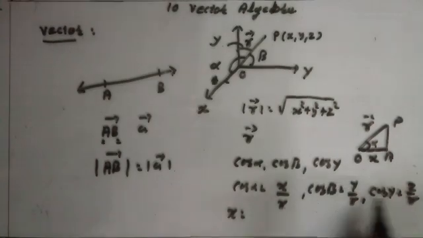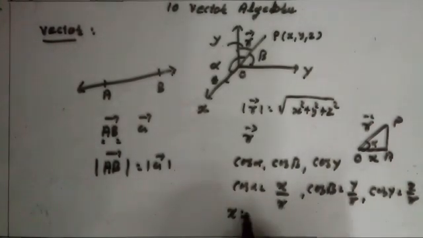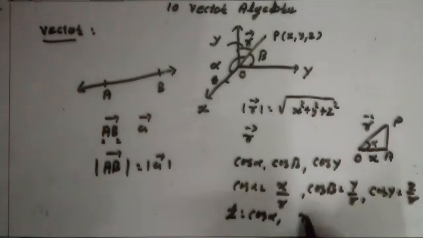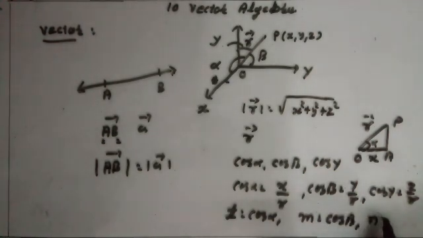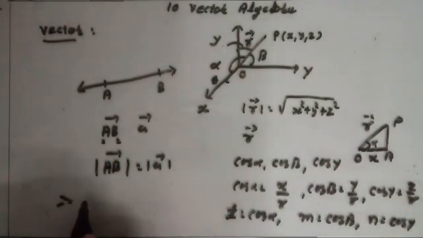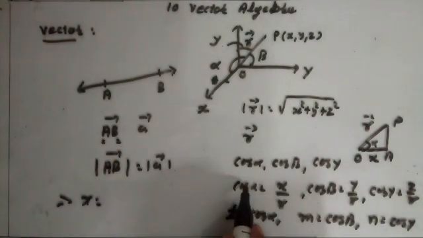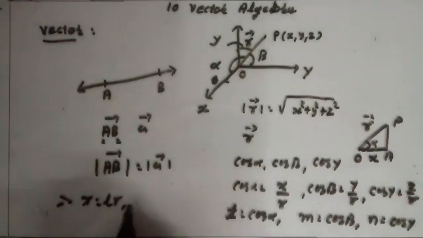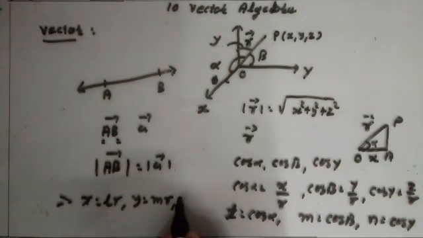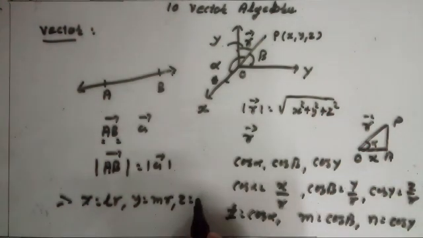Cos alpha, cos beta, cos gamma, the direction cosines, are denoted by L, M and N. So from this we get x is equal to LR, y is equal to MR, and z is equal to NR.